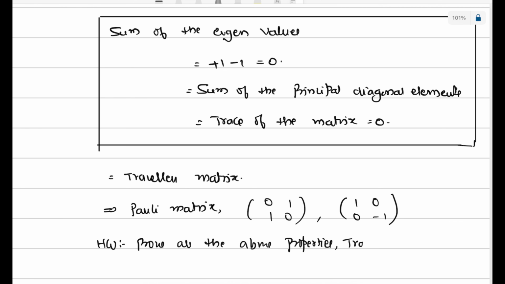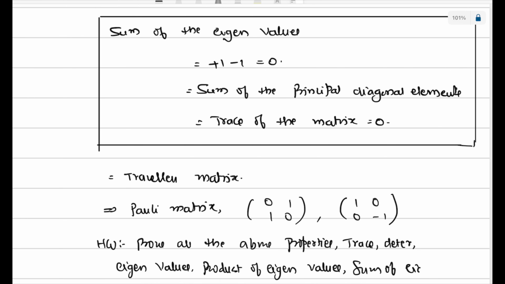One is trace, determinant, eigenvalues, product of eigenvalues, sum of eigenvalues, for the remaining two Pauli matrices, and check if they are true for all the matrices or not.